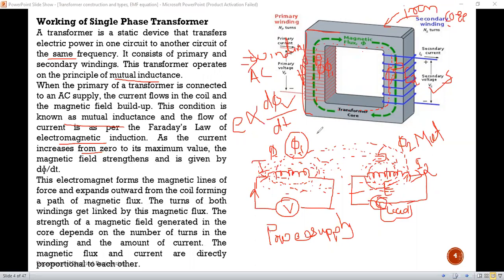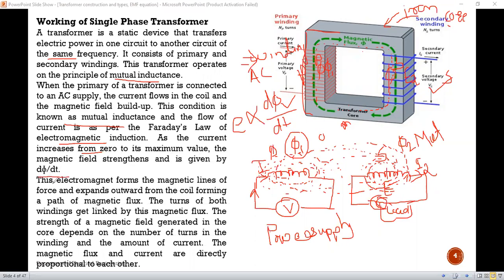So if we increase the flux value from 0 to the maximum value, the induced EMF will be set up, given by the equation d phi by dt.